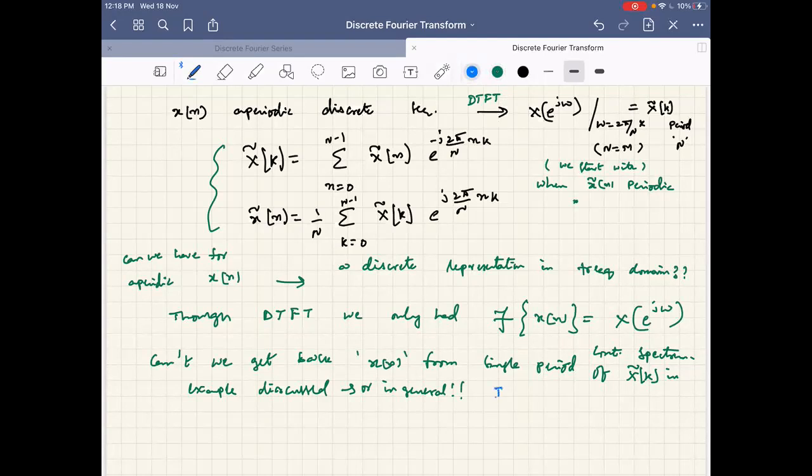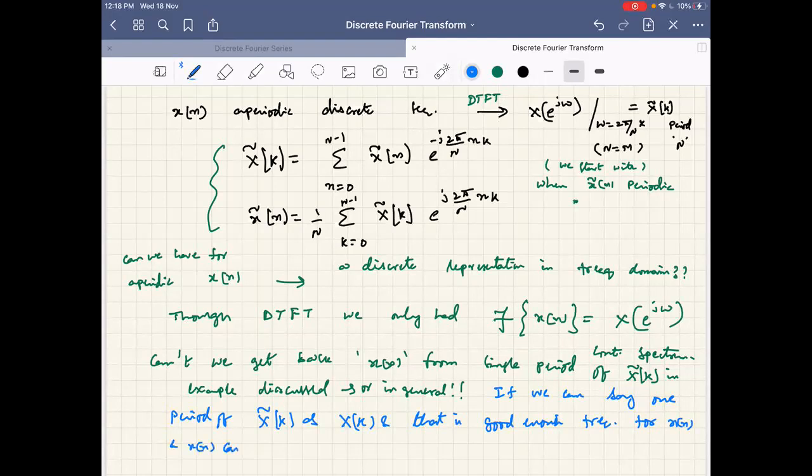If we can say one period of x tilde of k as x of k is good enough as the frequency representation for x of n, and x of n can be completely reconstructed from x of k without the need of the continuous representation X of e power j omega, continuous omega representation, then we would prefer that, right?